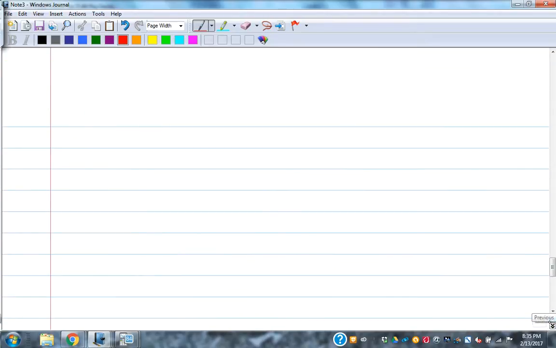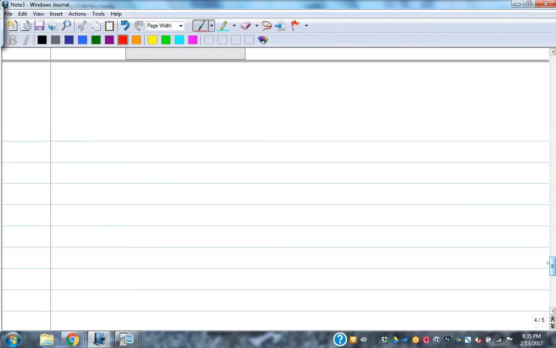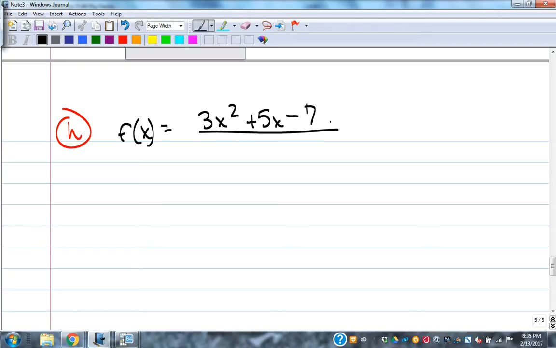Let's do another. What letter are we on? H? Yes, H we are. Letter H. F of x equals 3x squared plus 5x minus 7 over 6x squared minus 150.